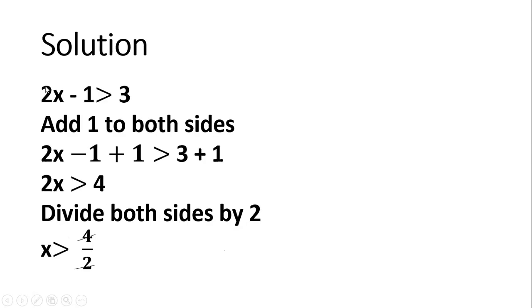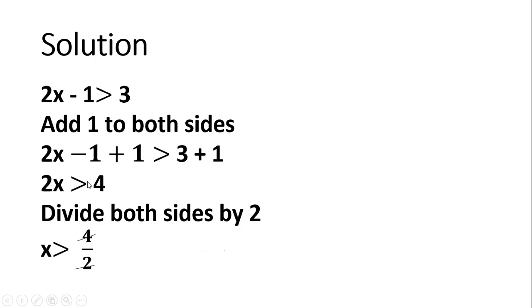Solving the first, 2x minus 1 greater than 3, add 1 to both sides. We have 2x minus 1 plus 1 on this side, and on the other side 3 plus 1. So 2x, since minus 1 plus 1 gives us 0, then 3 plus 1 gives us 4.